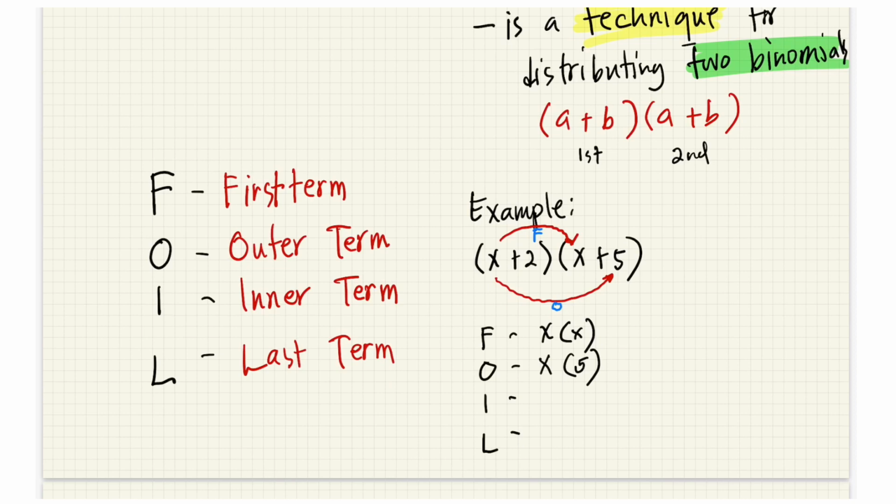So we have 2 times x. This is our inner term.